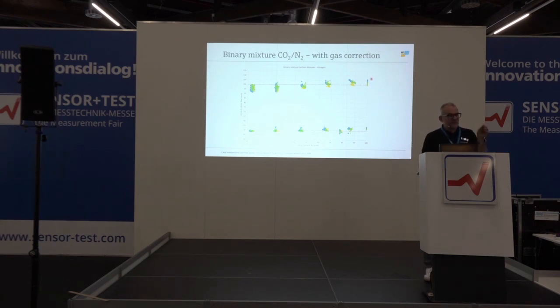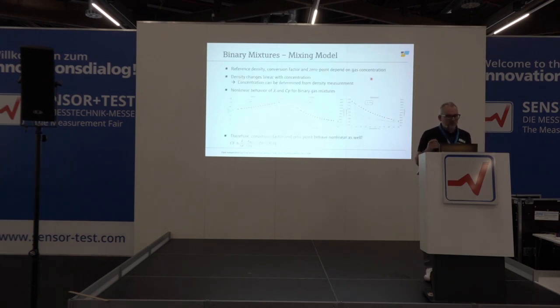But this is a nice behavior. CO2 and nitrogen are quite linearly mixed. It's not always like that. I try to explain that the main factors are thermal conductivity and heat capacity, which change this thermal conversion factor. For nitrogen-CO2 they behave quite linear, but for nitrogen-helium or methane-hydrogen, it's not linear at all. So you see there are some big nonlinearities in your mixtures.